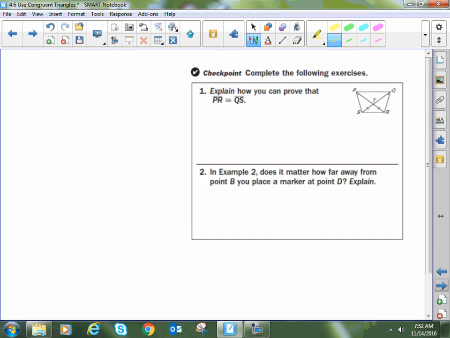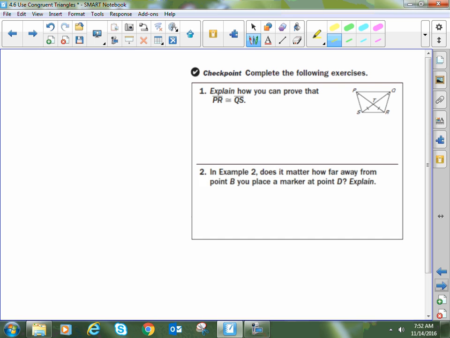All right, guys, let's see how you did. So in problem number one, what I'm looking at is I'm going to say, well, what do I know about it? I want to show that PR and QS are the same. Well, PR and QS are kind of like the diagonals of what looks like it might be a trapezoid. So based on what we know, TS and TR are the same. That was given to me.